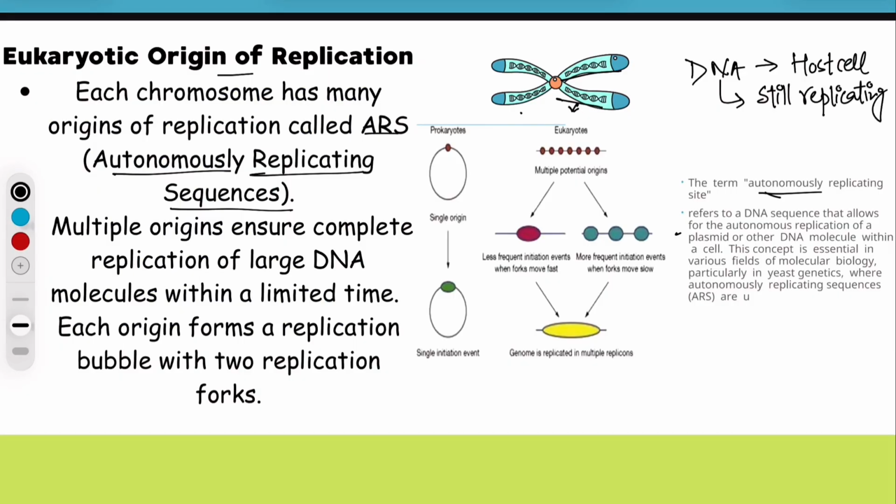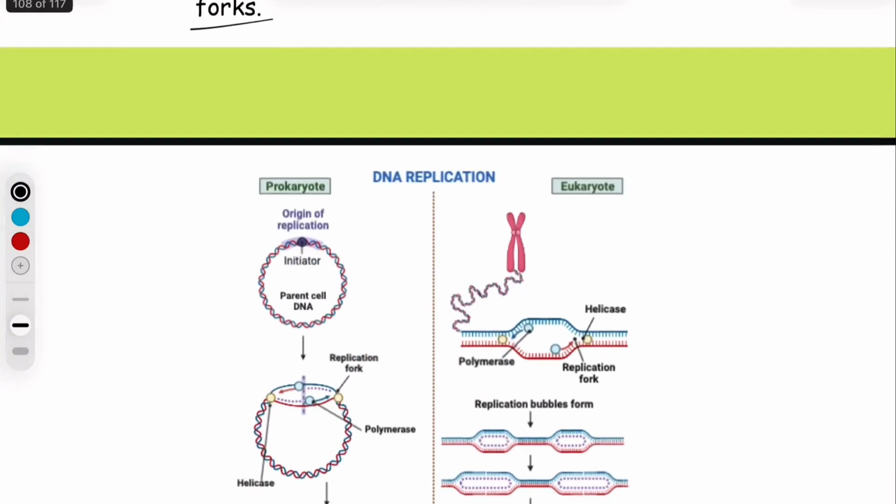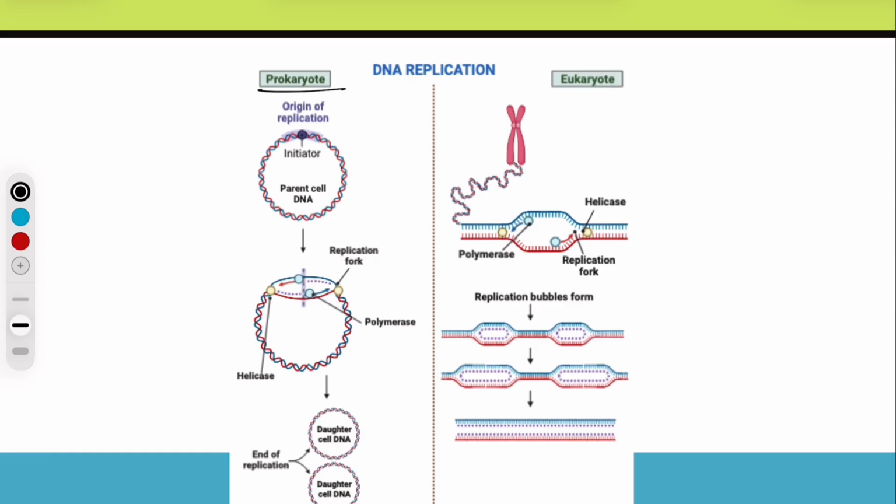Looking at the origin of replication, here you can see the chromosome. In prokaryotes, it is circular, while in eukaryotes, it is linear, so multiple origins are there. And there are ARS, which are autonomously replicating sequences, which help in autonomous replication of DNA without any host.